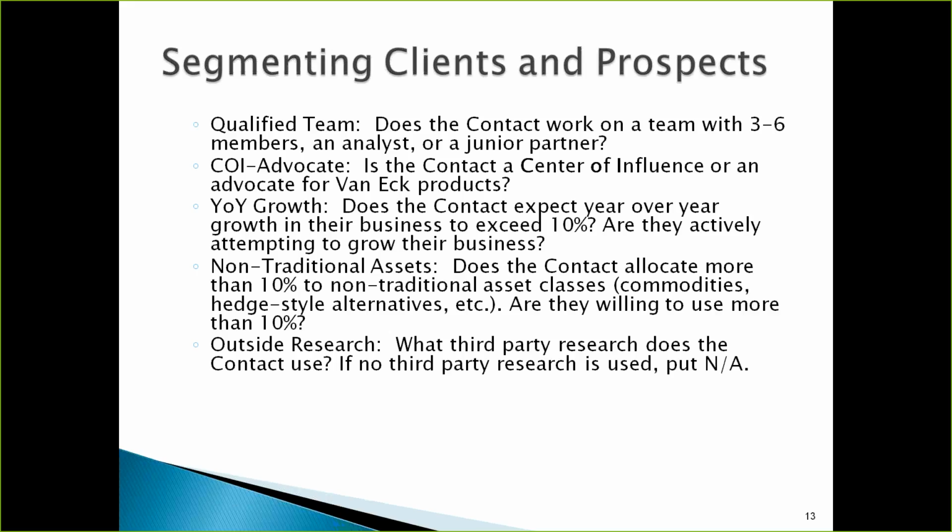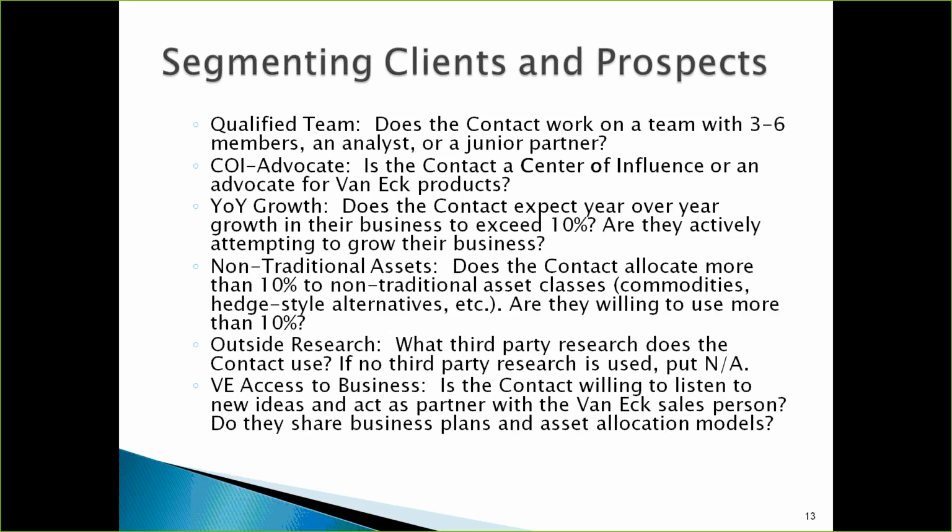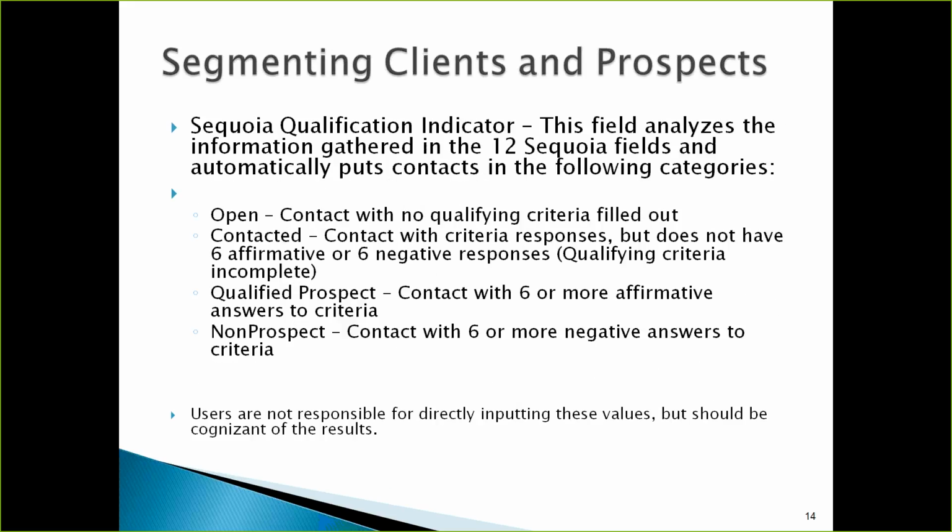If they indicate that they really don't look at outside research, you would put N/A in the field. And finally, VanEck access to business. Is the contact willing to listen to new ideas and act as a partner with the VanEck salesperson? Obviously, these types of contacts are the ones that we like to do business with, right? They return our phone calls, they return our emails, and they're willing to truly work with us as business partners.